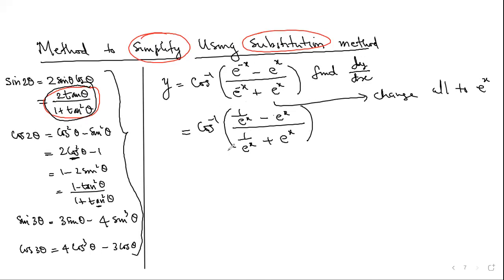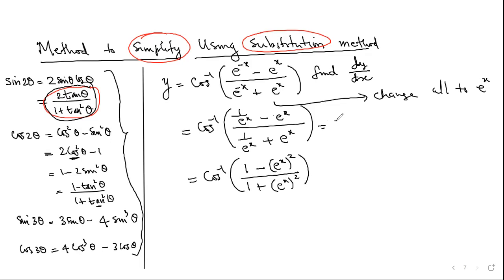When you do that, what happens? Cos inverse, when you take LCM, 1 minus e raised to x the whole square divided by 1 plus e raised to x the whole square.